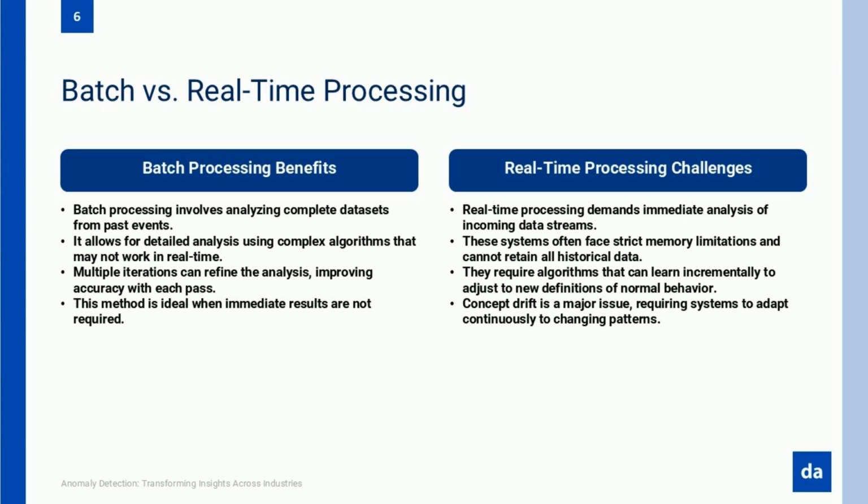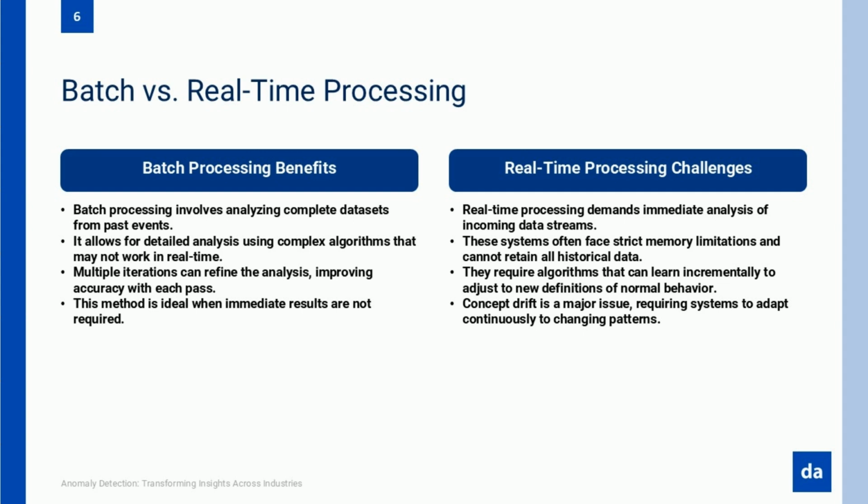Manufacturing quality control exemplifies effective batch processing. Engineers can analyze production data from completed shifts, identifying subtle patterns that might indicate emerging defects. Similarly, financial auditors review transaction histories to identify irregular patterns that warrant investigation. The common thread: time is a luxury these applications can afford.